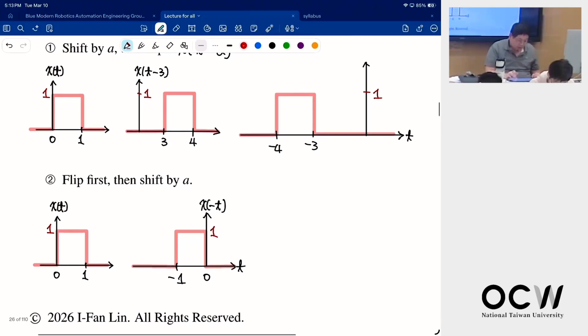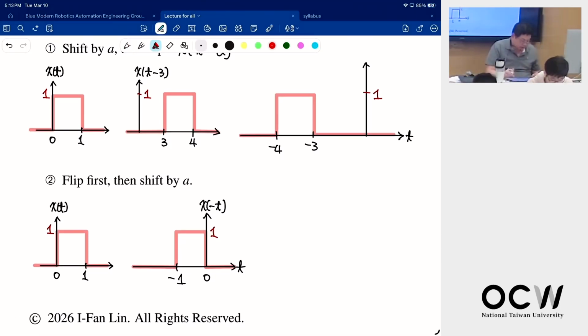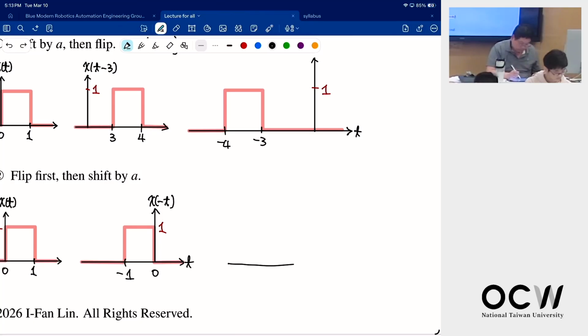Yes, shift by 3. So if I shift by 3, again, I want to shift to the right. Then I have 2 and 3.